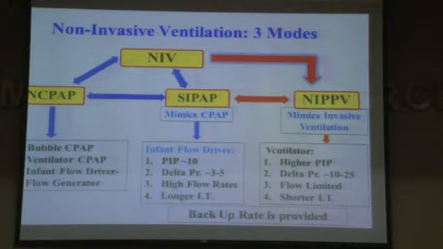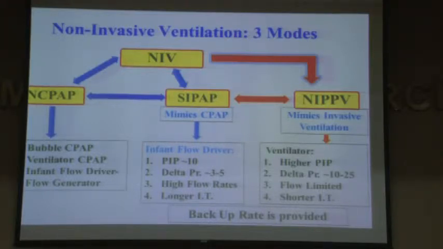Because it does require a ventilator. You can set any pressure you want, 20, 25, sometimes 30 centimeters. So high pressure can be set by you, and the depth of pressure is typically between 10 and 25 centimeters. If you're on 20 PIP, 5 PEEP, the depth of pressure is 15 centimeters.